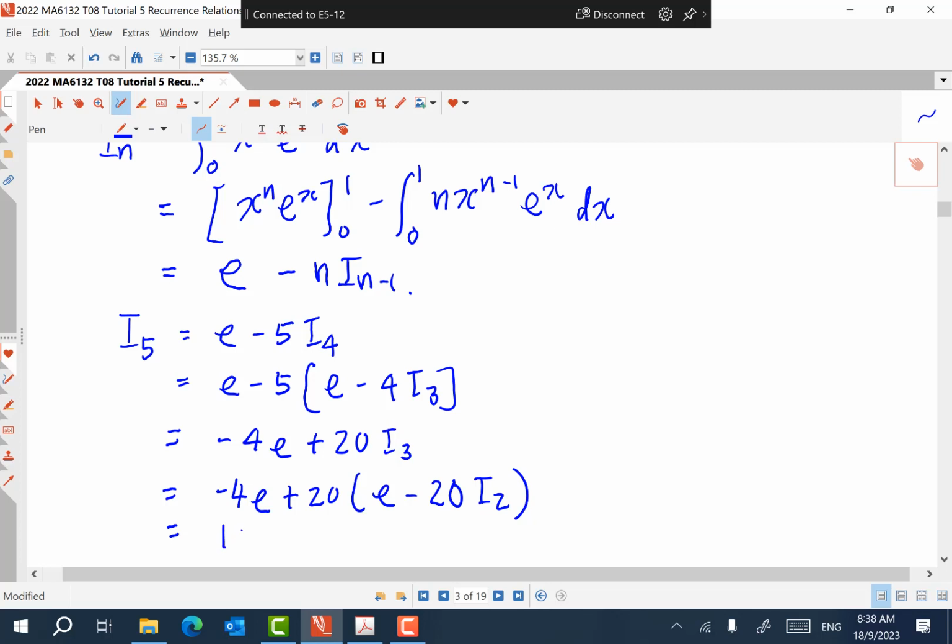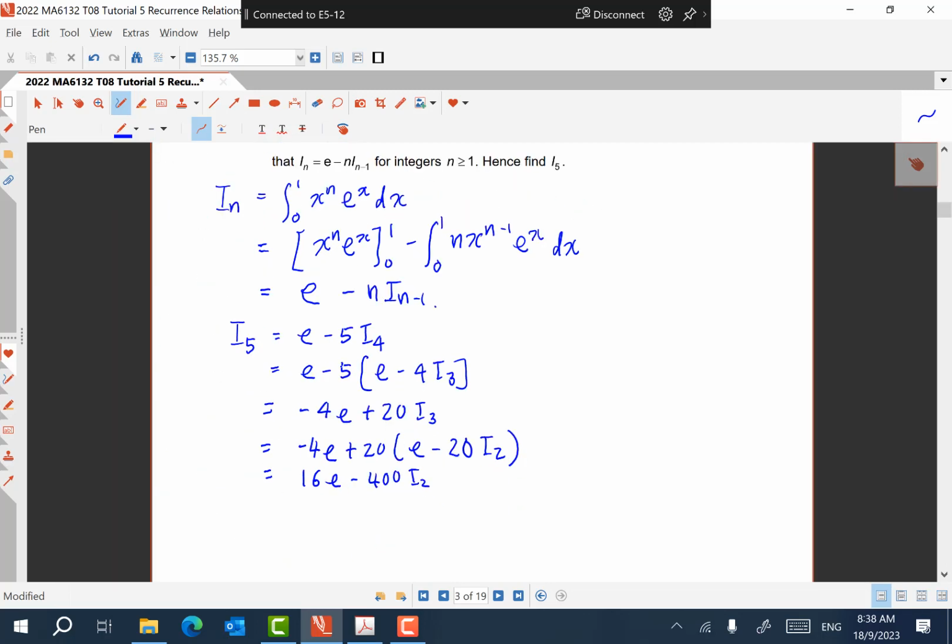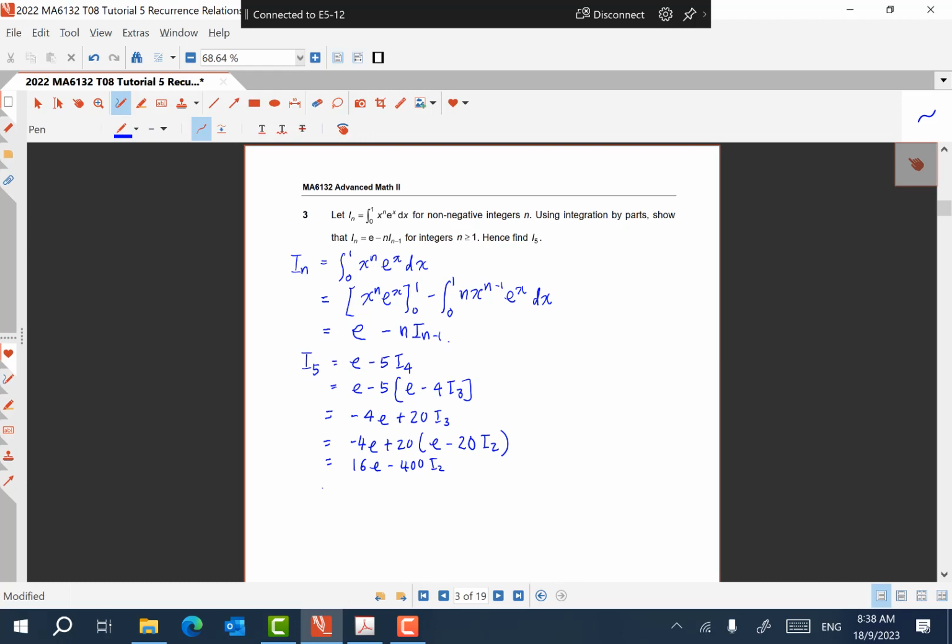Then it gives you 16e minus 400 I2. And then this gives you 16e minus 400 times e minus 2 I1, which is minus 384e plus 800 I1.